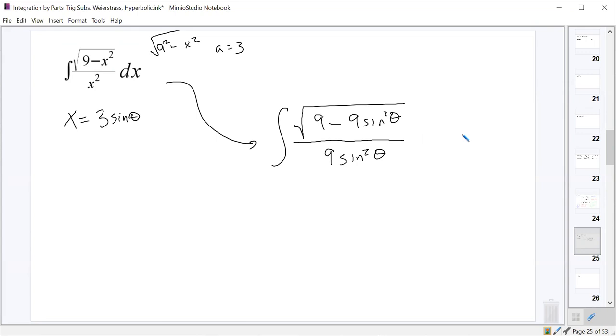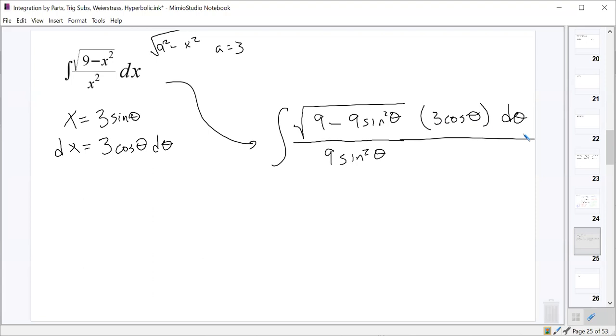We should figure out what dx is equal to by taking the derivative of x. What is dx equal to? 3 cosine theta d theta. And so we will attach to this 3 cosine theta d theta.